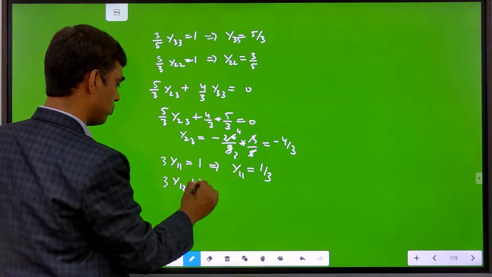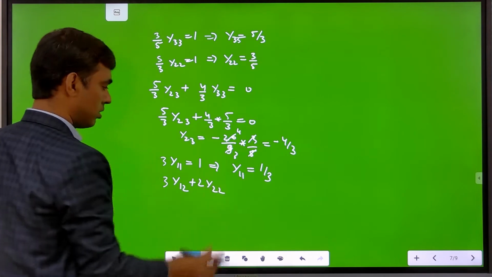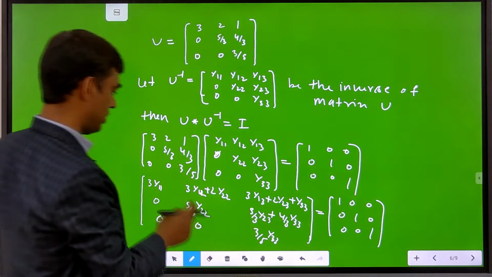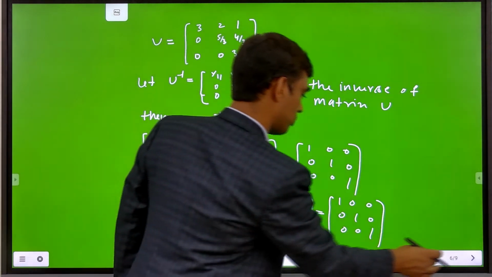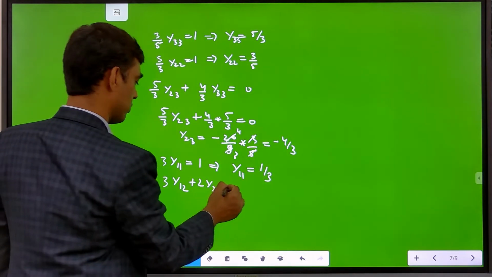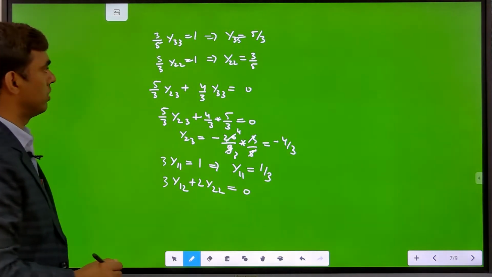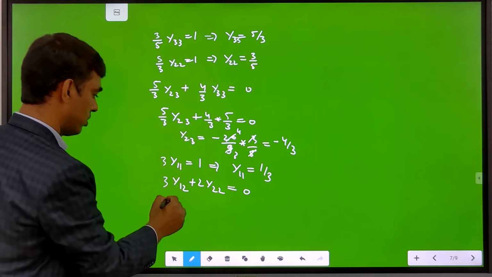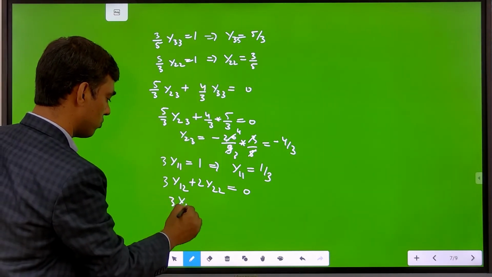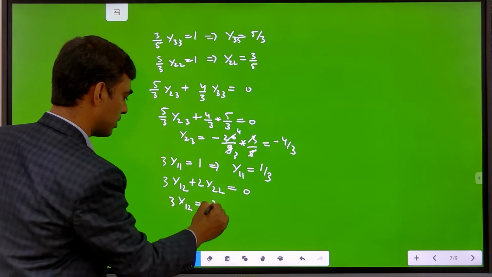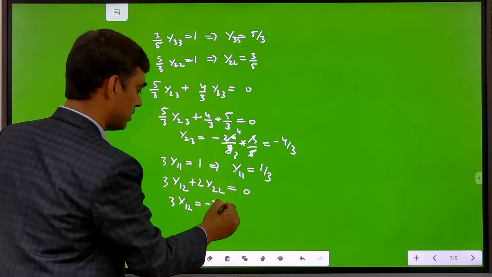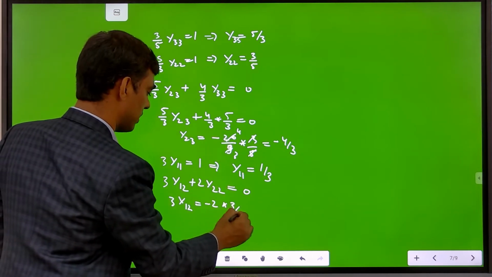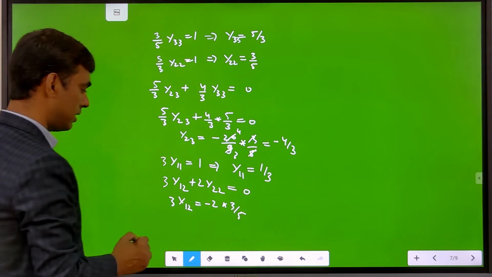3y12 plus 2y22 equal to 0. So we have a value of y22, which is 3 by 5.